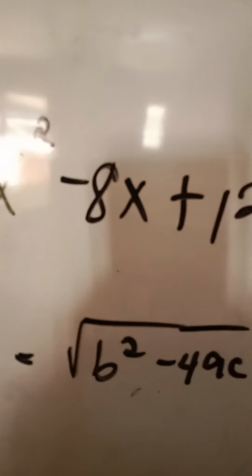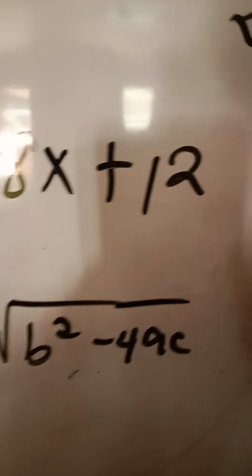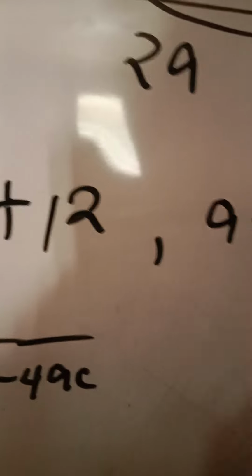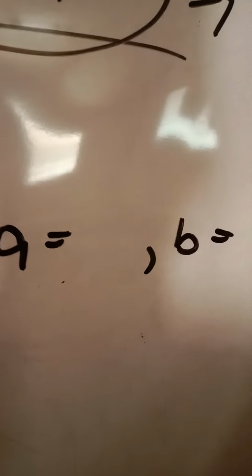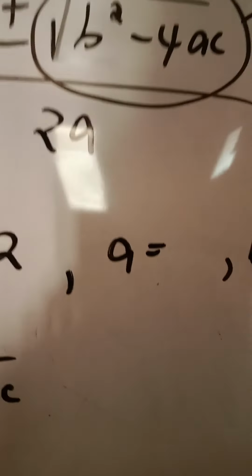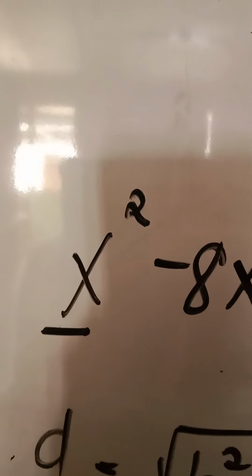You have to find the values of a, b, and c. Our value of a is 1, because x squared is multiplied by a numerical value of 1.